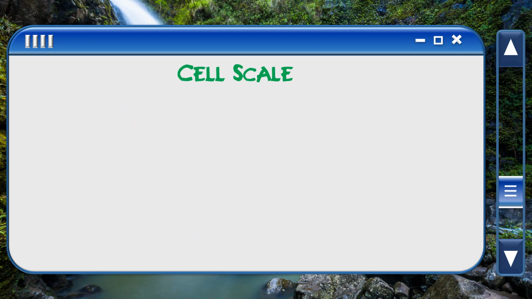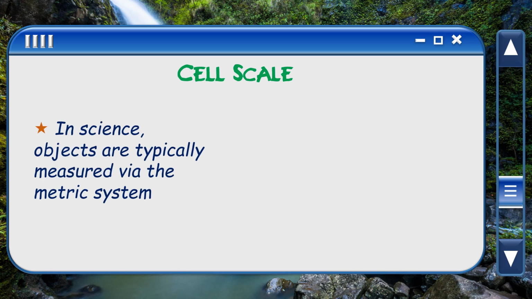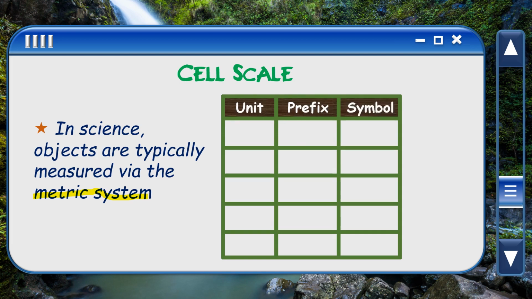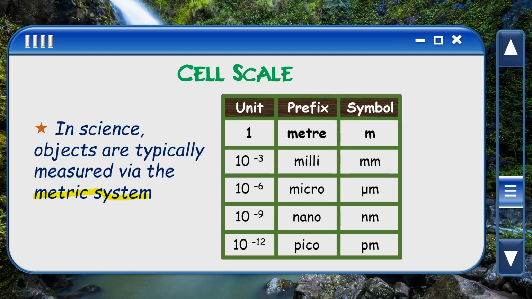Let's now look at the cell scales. In science, objects are typically measured in the metric system. We use the metric system in science to measure objects. We have units, prefixes, and symbols. If the unit is 1, we can use meter.